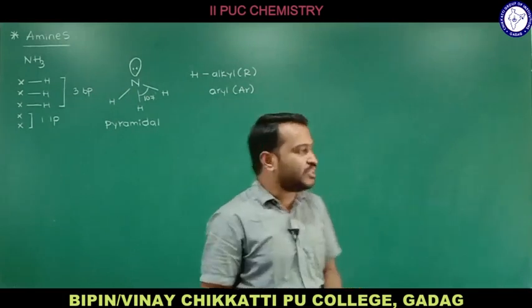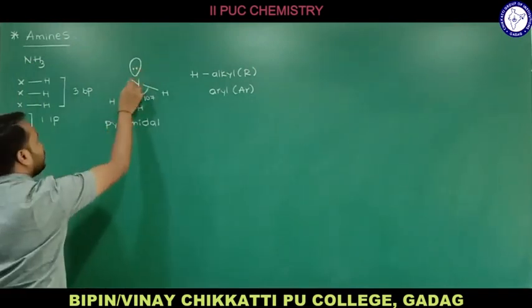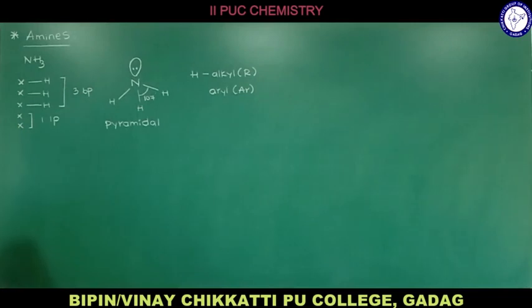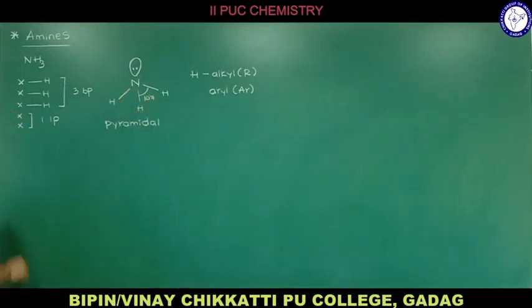We'll see examples for that. As I said, we have NH3 with 3 hydrogens, and according to this structure we have 1 lone pair of electrons and 3 bond pairs with the nitrogen. One example I am going to consider is CH3NH2. This is an example of an amine.